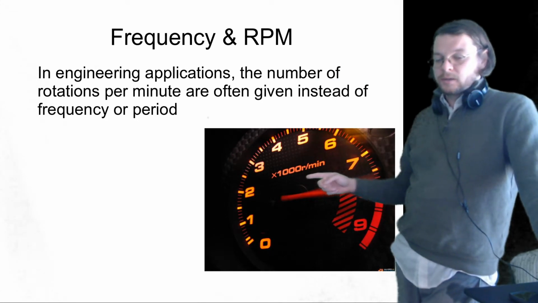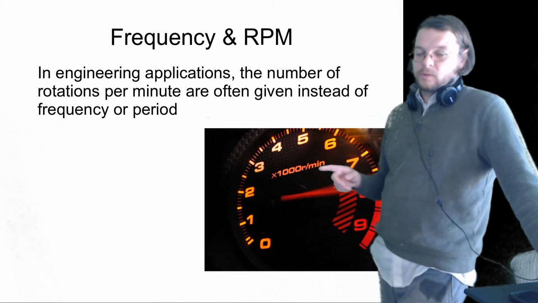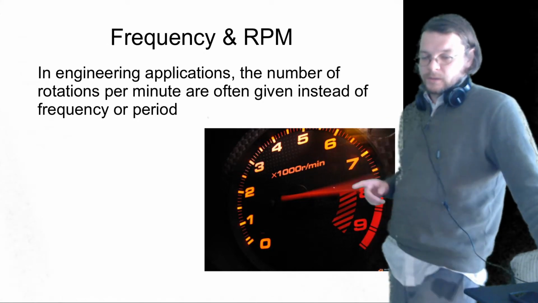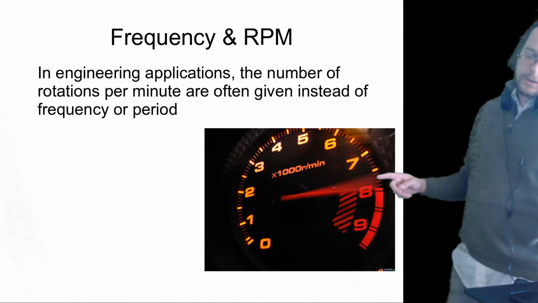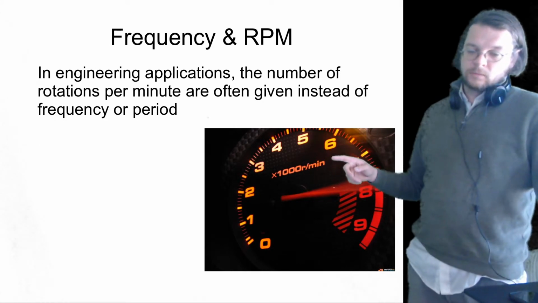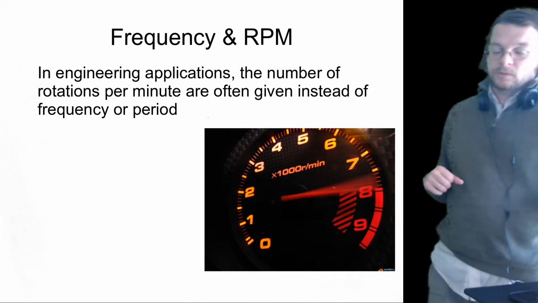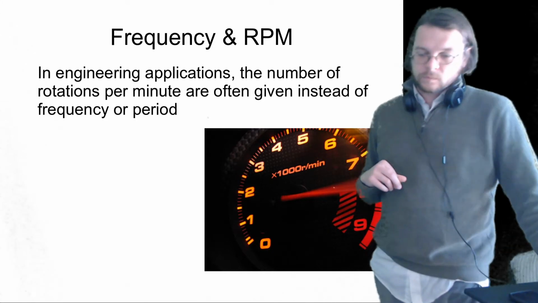But see that there's an R divided by min, so it's telling us that it's almost 8,000 rotations per minute, about 8,000 RPM is what this meter is telling us right now.